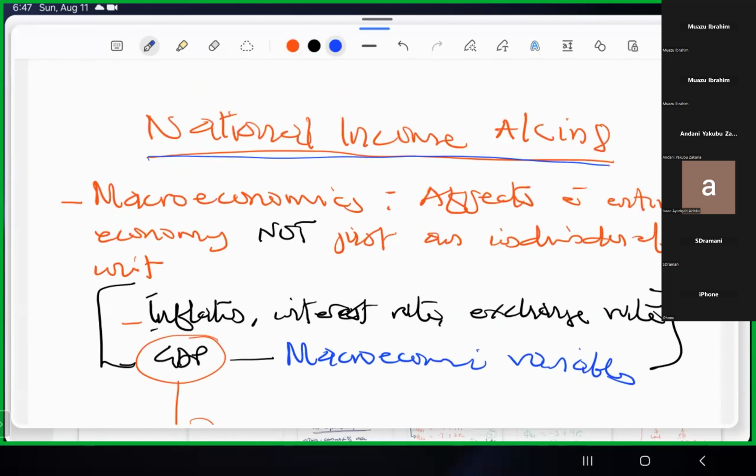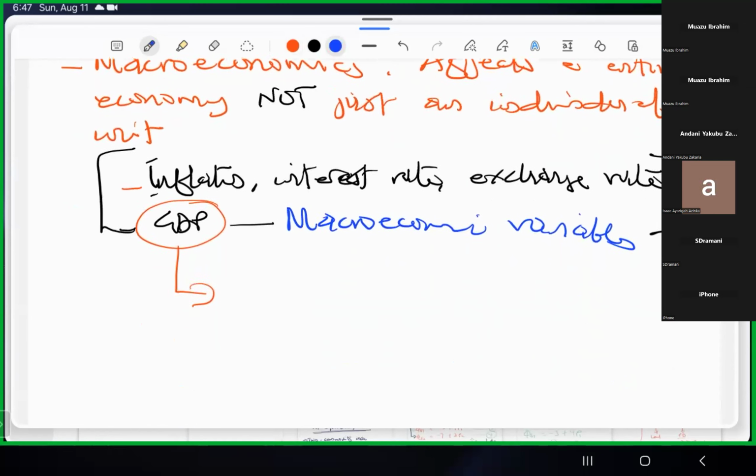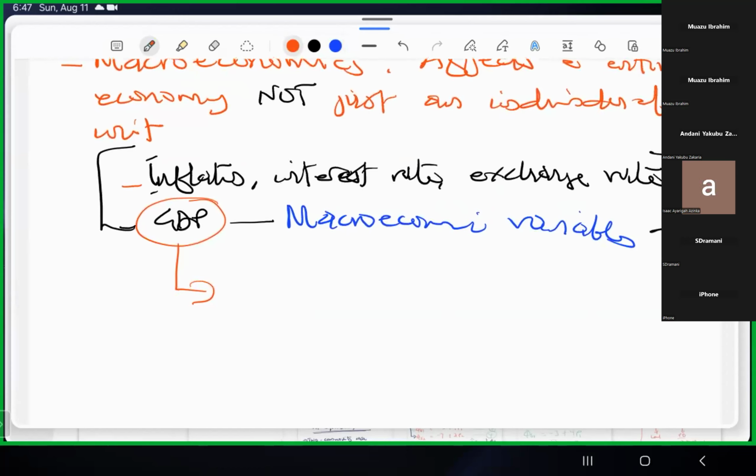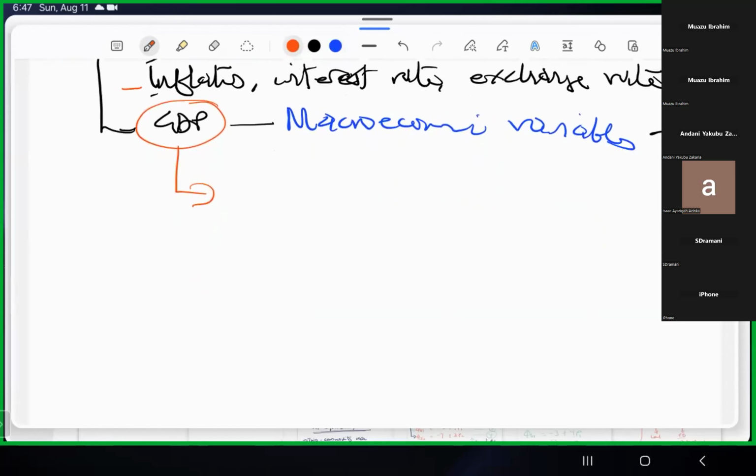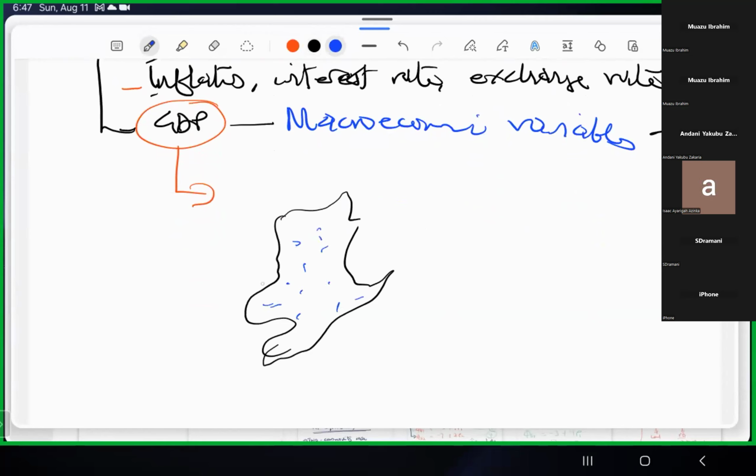Now, if you pick Ghana, for instance, and you have this as the map of Ghana, people are here producing. Whatever is produced here is all produced within Ghana.